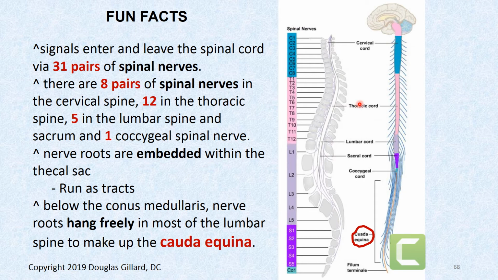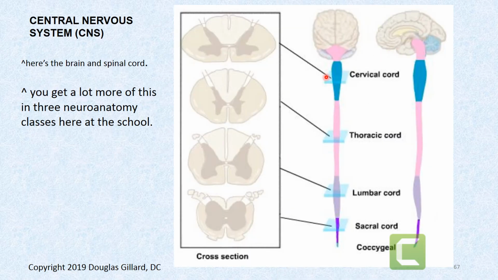The other important part is here: these C2, C3, C4, T5, T6, T7, T8, T12 nerves. They have them drawn like wires here, but they're not wires. They're actually embedded in the substance of the spinal cord. They live in areas.